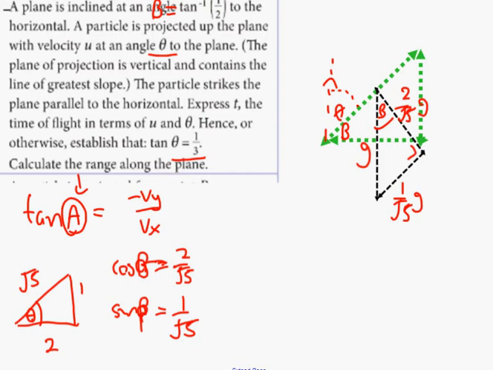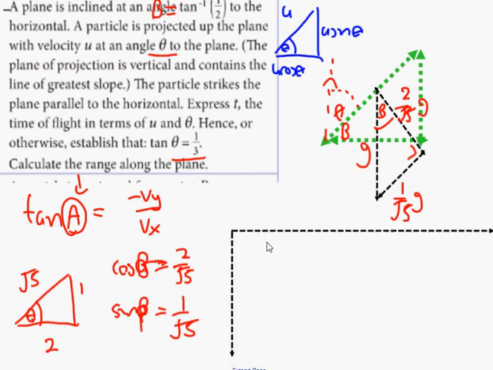I'm going to break up my throwing triangle. My throwing triangle is u up this way. Theta is this angle. It makes u cos theta for the adjacent, u sine theta for the opposite. I'm now going to construct all my equations.